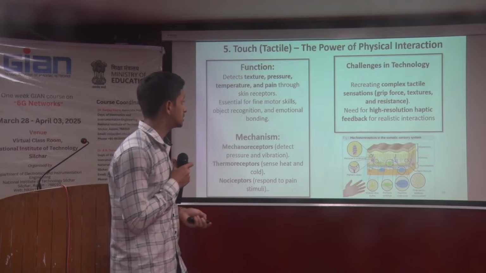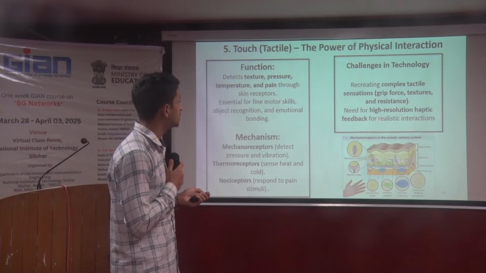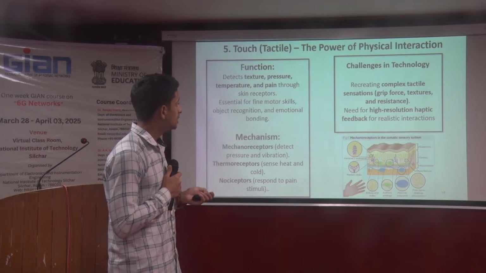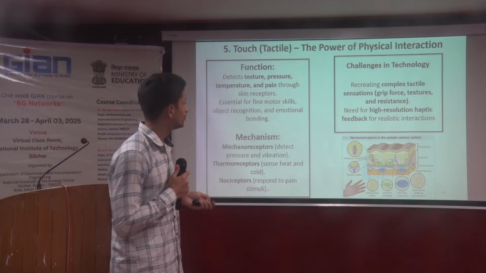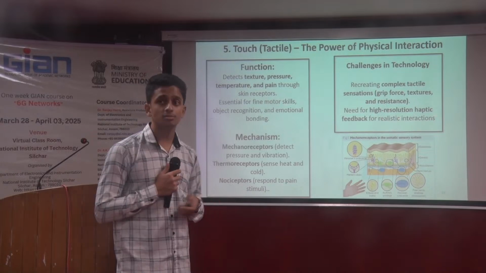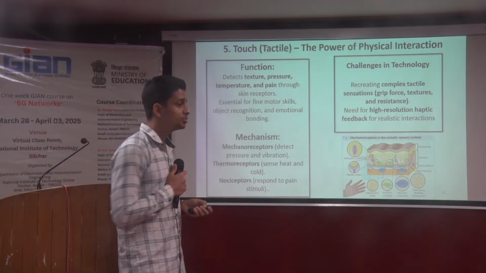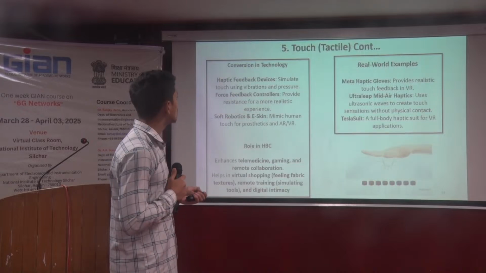So how can you understand? Right now, complex tactile sensation, grip force, textures, and resistance can be developed to provide some basic understanding of that touch. The need for high-resolution haptic feedback for realistic interaction is mandatory for touch sensation to be understood.